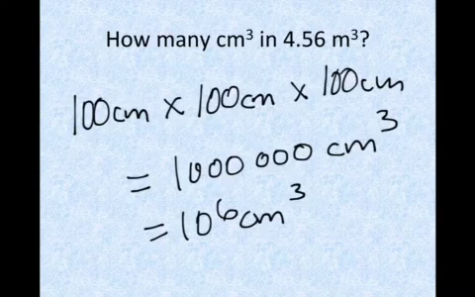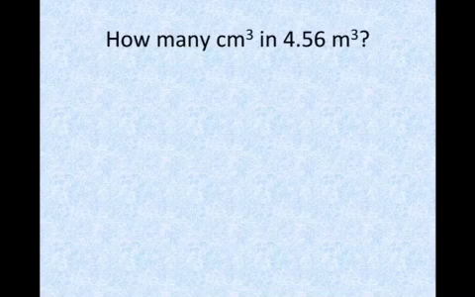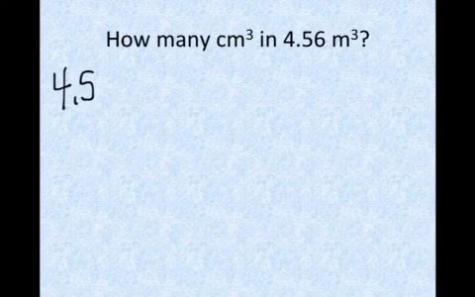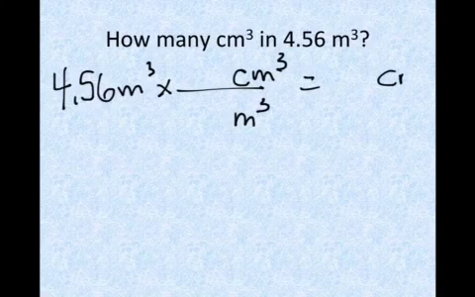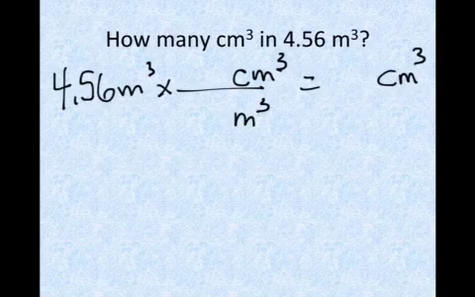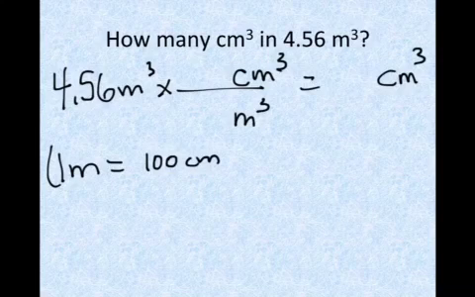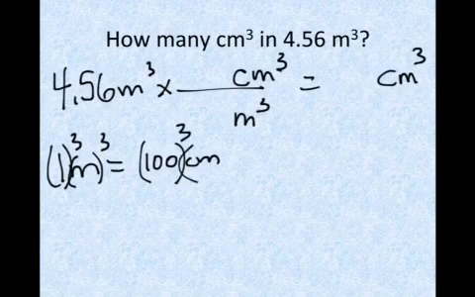So what does this mean for our conversion? Well, you still start out the same way, 4.56 meters cubed. Put meters on the bottom, so they zigzag and will cancel out. It'll equal some number of centimeters cubed. And you don't have to actually make a drawing and do that every time. Just remember, you take your original conversion factor and you cube each part of it. So we're not just going to cube the unit, we're also going to cube the number.